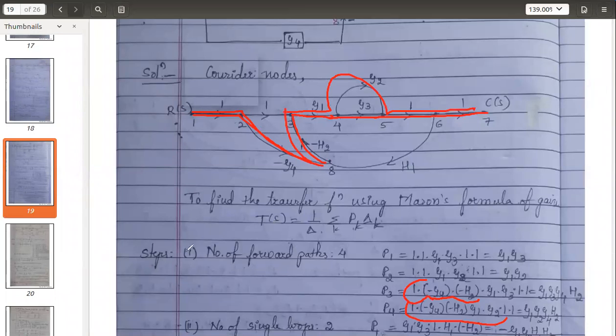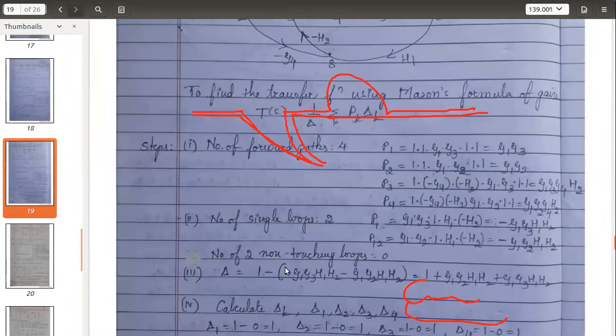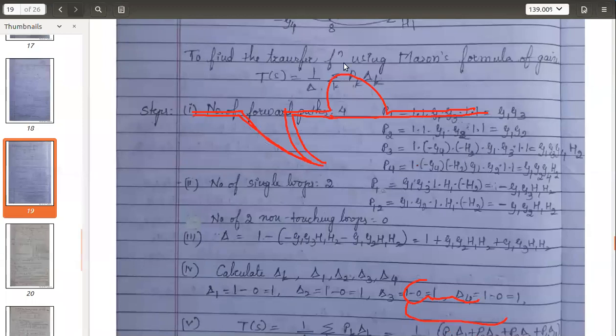Number of loops. Whether this problem is solved? This is the number of loops. There are 2 loops. Directly you can see.